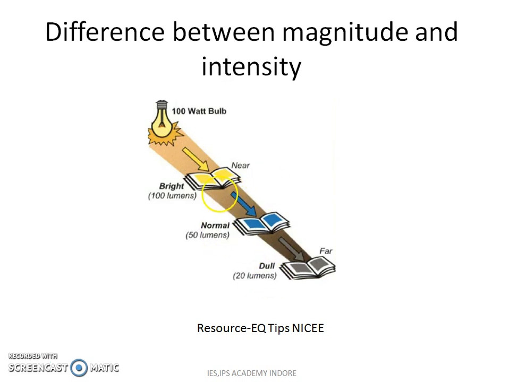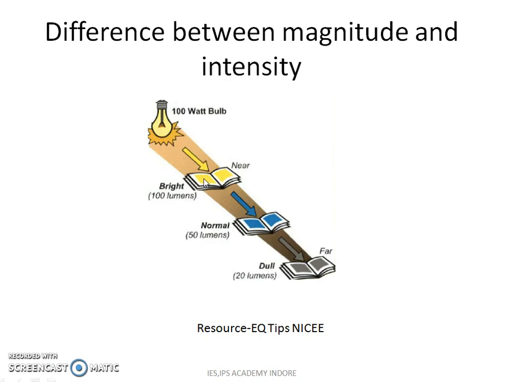Now, let us take an analogy of an electric bulb given in Earthquake Tips published by NICEE. The illumination of a bulb near the bulb, we can say, for example, of a 100-watt bulb is higher than that farther away from it.